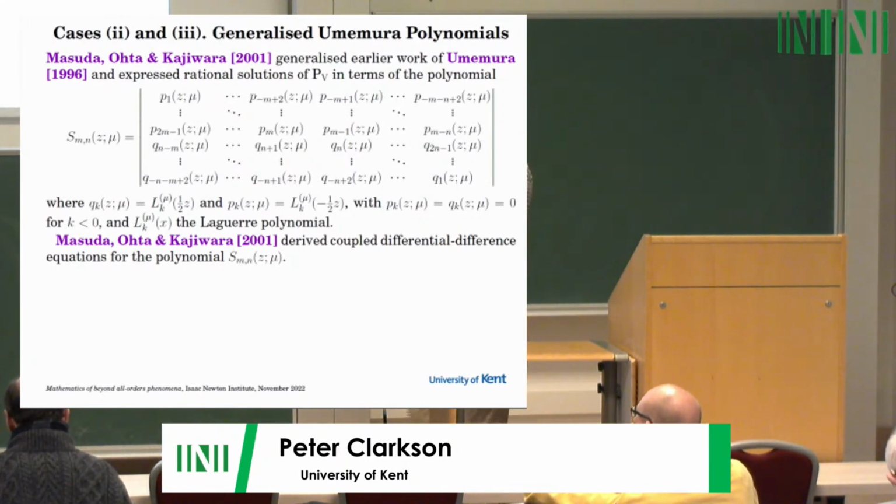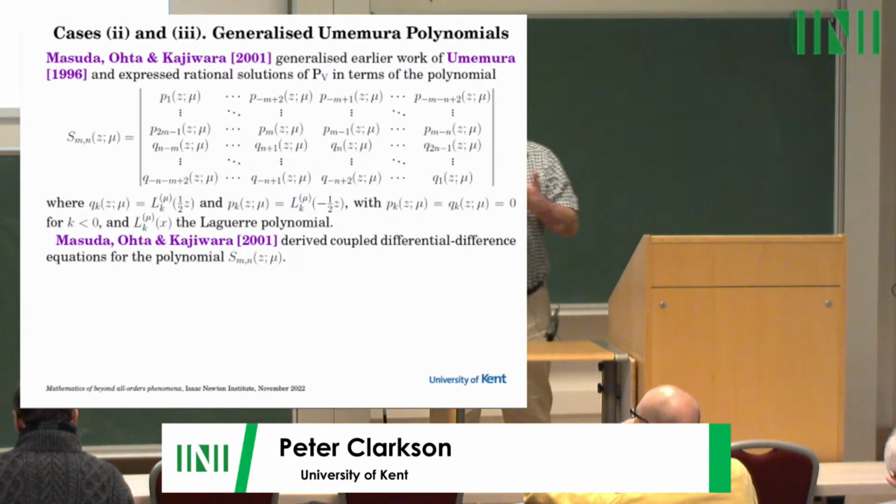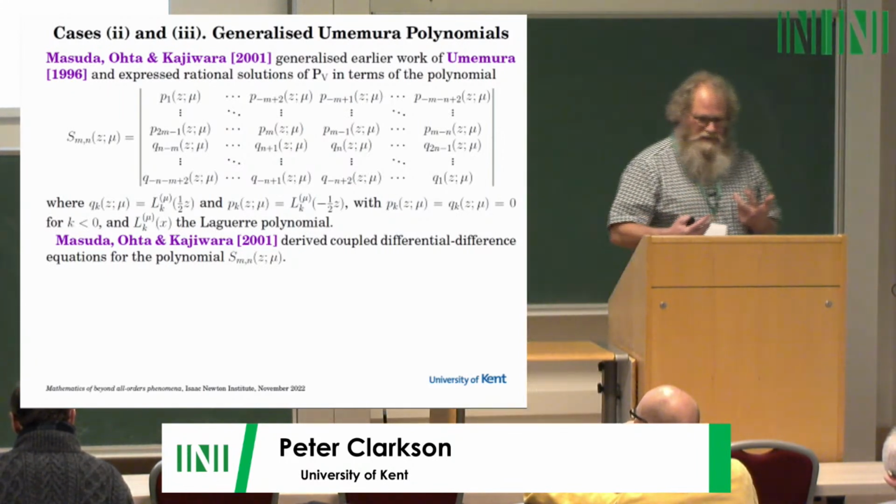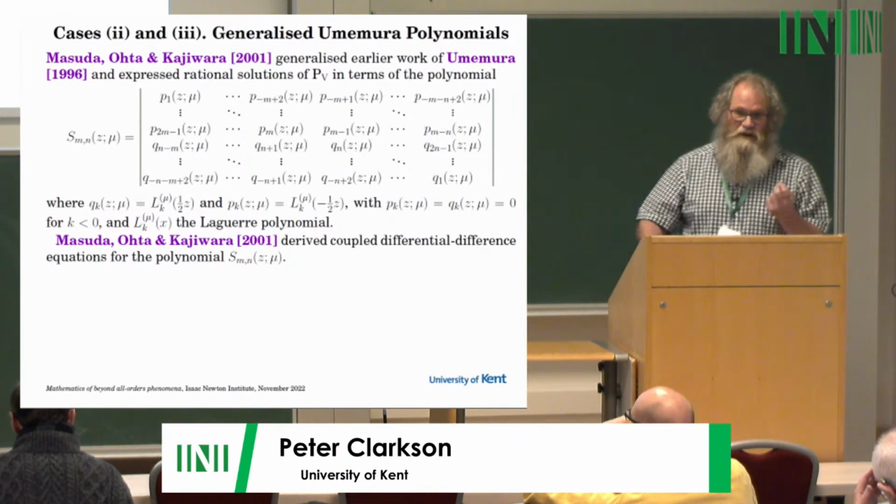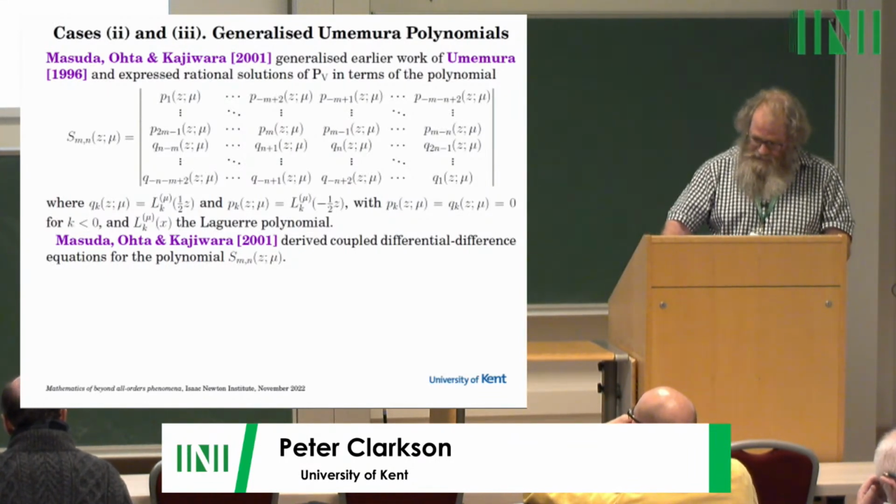So you've got them going in different directions, and they're not written as a Wronskian either, so you can't do as much from the point of view of partitions. They did write them as a couple of differential difference equations.